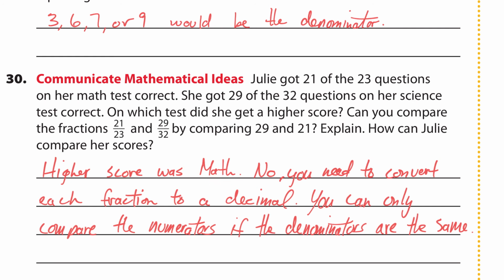Because if you take 21 divided by 23, that's going to be a higher decimal than 29 divided by 32. And you can only compare the numerators if the denominators are the same. So the denominators were not the same, so you can't compare them that way.